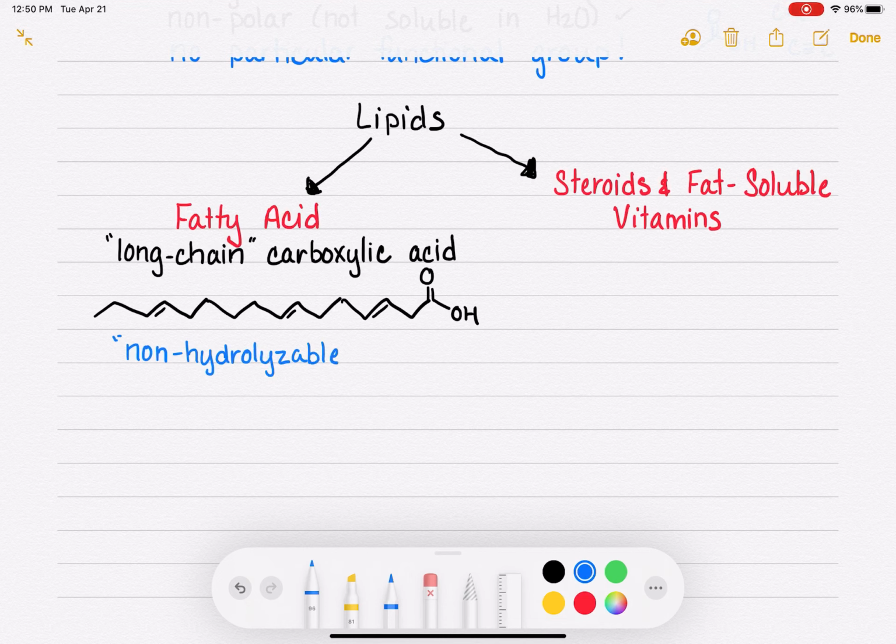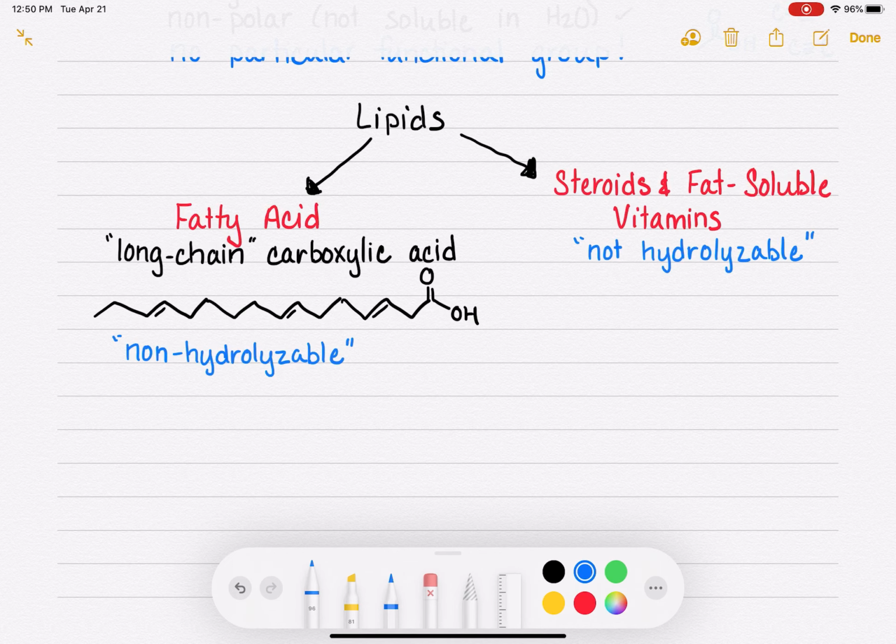That's just a fancy way of saying it does not react with water. So you can mix it with water and literally nothing is going to happen at all. This is also true for steroids and fat-soluble vitamins. They are not hydrolyzable. Again, that means that they do not react with water.